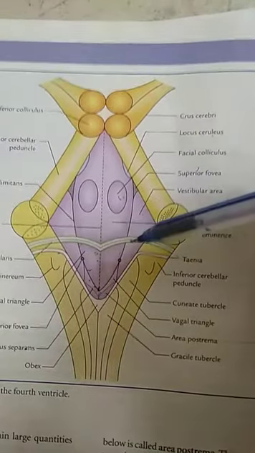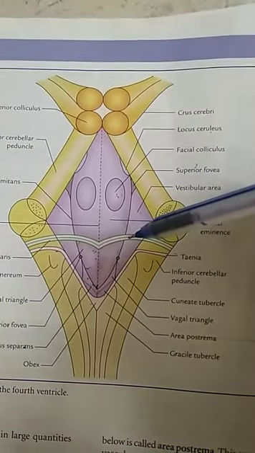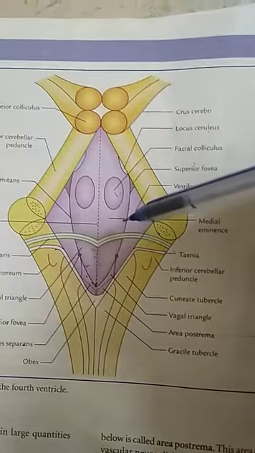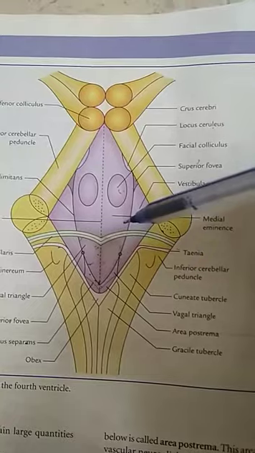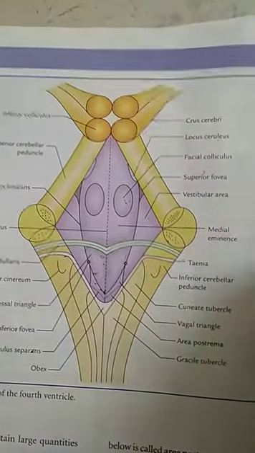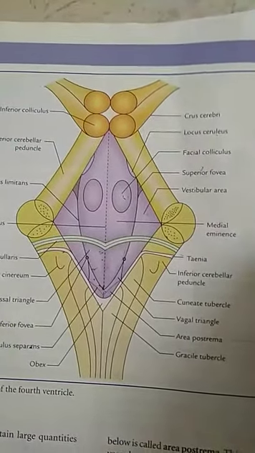The most common tumor in the region of the fourth ventricle is medulloblastoma. It arises from the poorly differentiated primitive neuroectodermal cells of the vermis of the cerebellum.